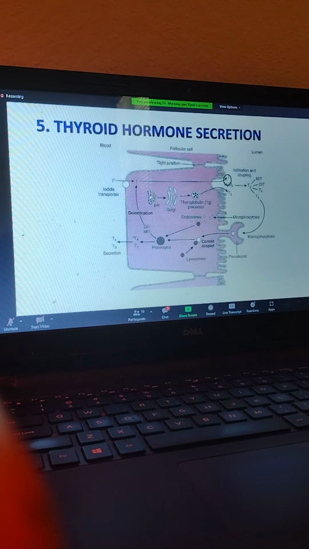So this peroxidase oxidizes the tyrosine residue, and then the iodide can bind to it. Because of the peroxidase, DIT can be formed, and then another coupling of DIT can happen, so T3 and T4 can be formed. So at the end, we have the thyroglobulin carrying DIT, T3, T4, all of them.